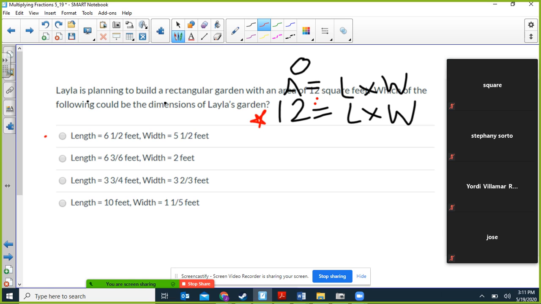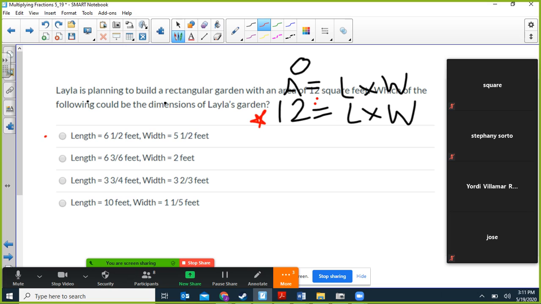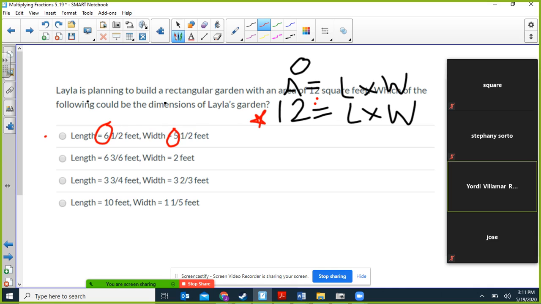Does anybody want to give it a shot? What's it going to be at least? Look at the whole numbers. You have a whole number 6 and a whole number 5. We're not adding. We're multiplying.